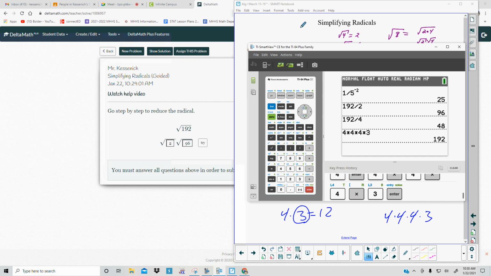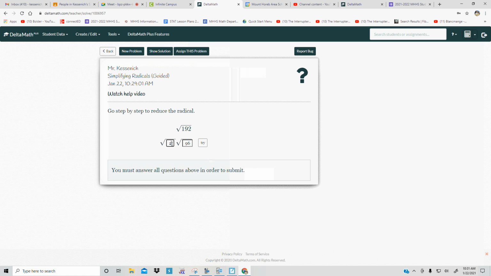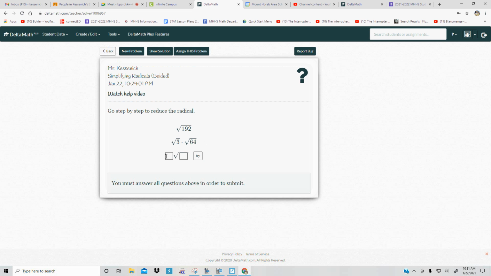When you multiply the 4 times 4 times 4, this is 16 times 4 is 64. 64 times 3. 64, don't you recognize as 8? So 3 and 64. So then that's 8 and the square root of 3.